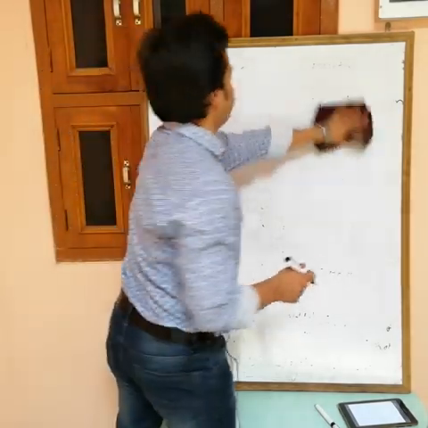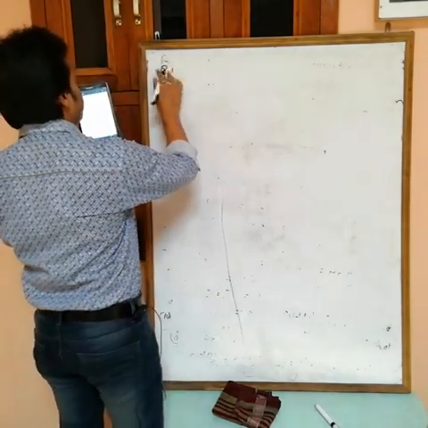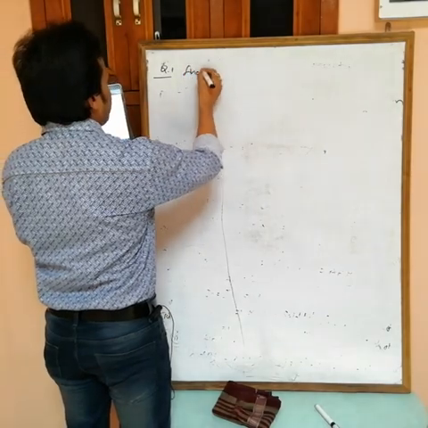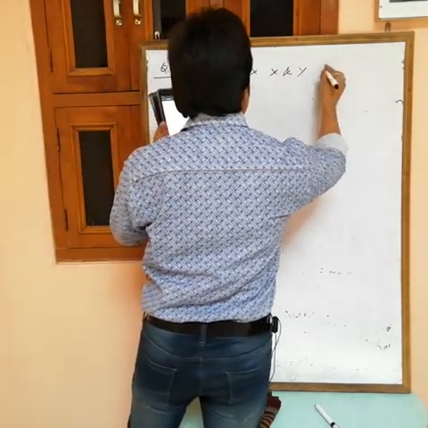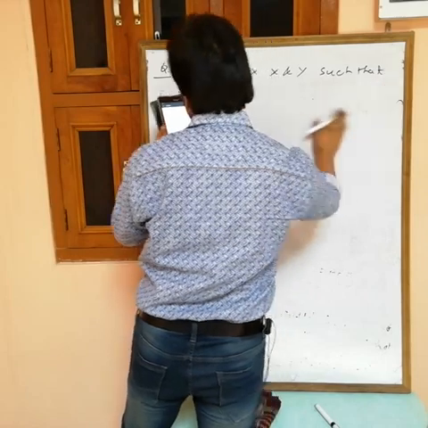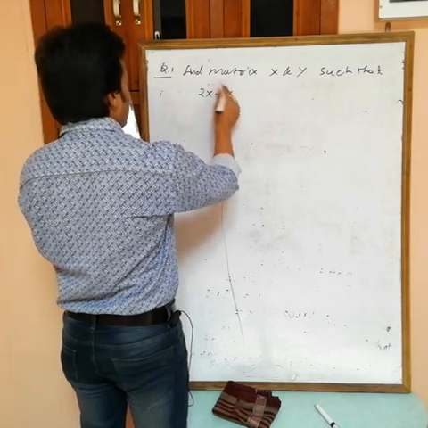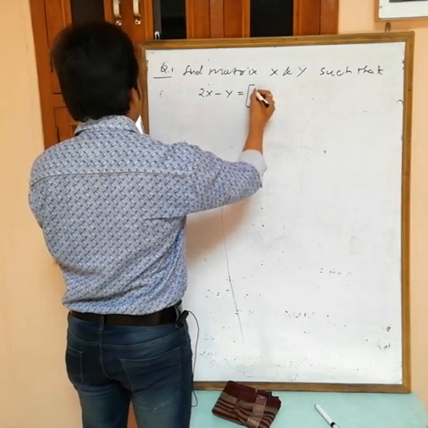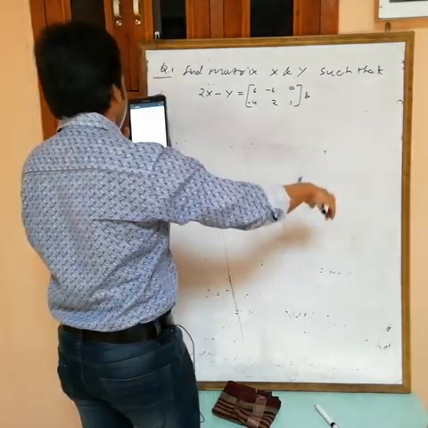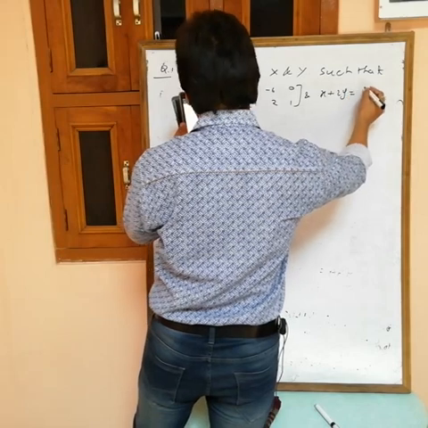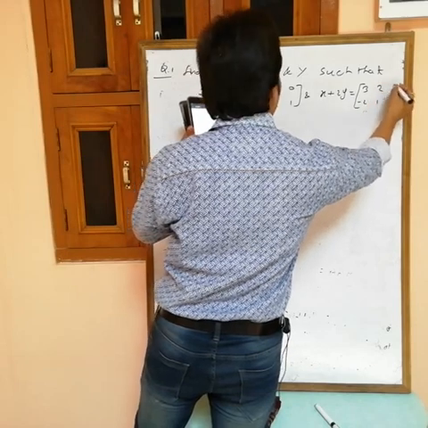Okay, see. Write the equation. Find matrices X and Y such that 2X minus Y is equal to [6, -6, 0; -4, 2, 1], and X plus 2Y is equal to [3, -2, 2; 1, 5, -7].